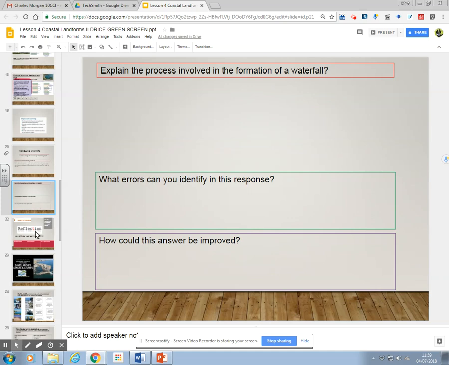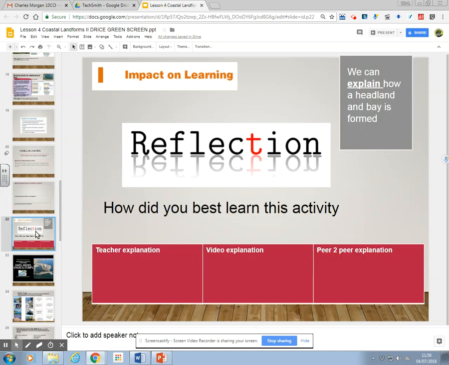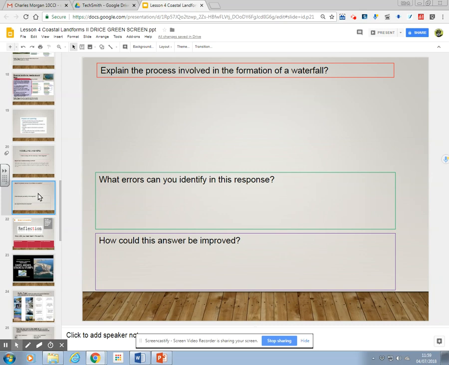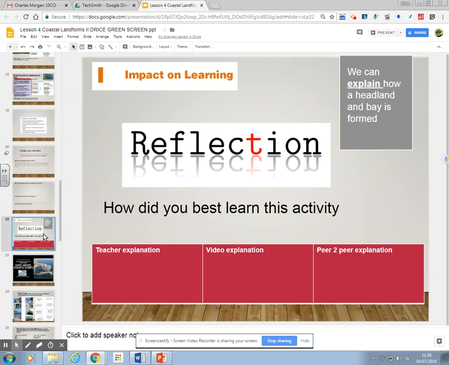And another part of impact on learning is giving pupils a chance to reflect. Obviously they could reflect on their work and which specific areas of their explanations are accurate or which ones need to be improved. They can also reflect on the way in which they are learning. I think looking at metacognition in this way and analyzing their metacognition techniques is really, really important.